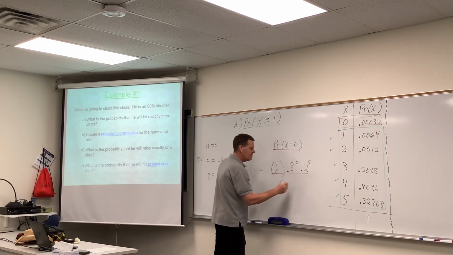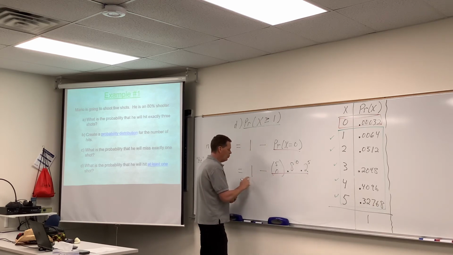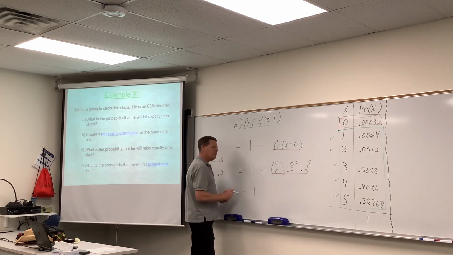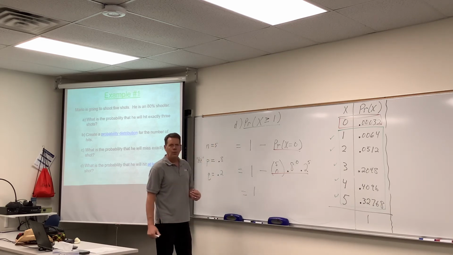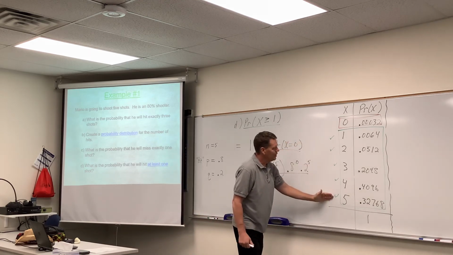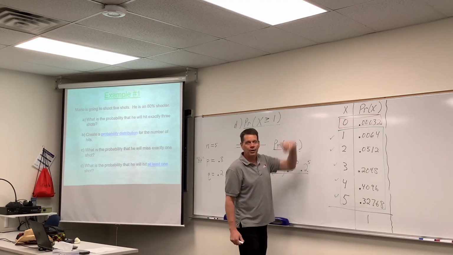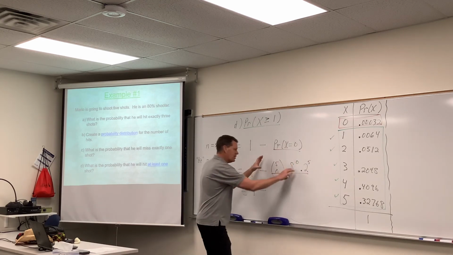This, I'll remind you, is the opposite of the original question, and that's why we're going to take it away from 1. I hope this is not a coin flip for you. If you look at that and say, yeah, I know when to do the 1 minus, because the original question involved a wide range of numbers, and the opposite is only one number, that's smart. And then you'd put this in a calculator.